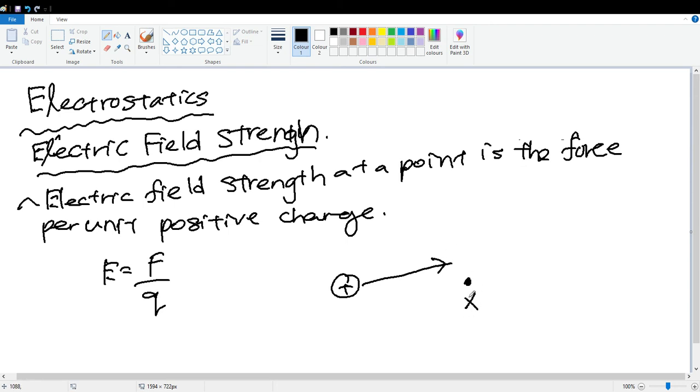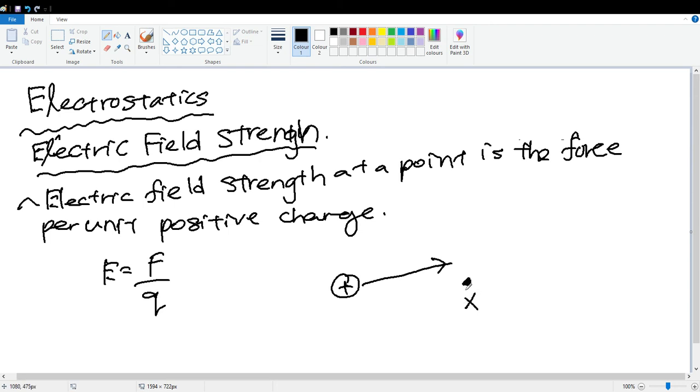This point exerts the force which is produced by this positive charge. So electric field strength describes the force for 1 unit positive charge.